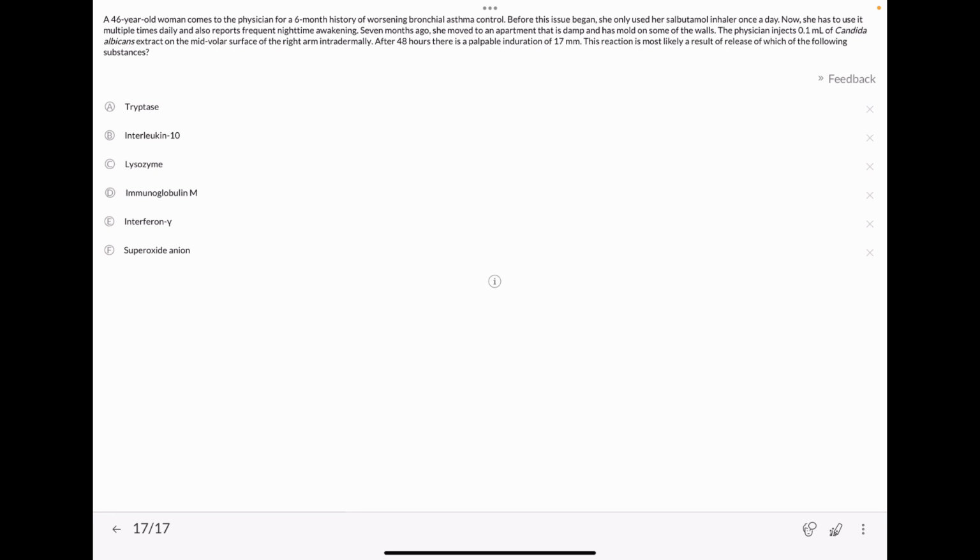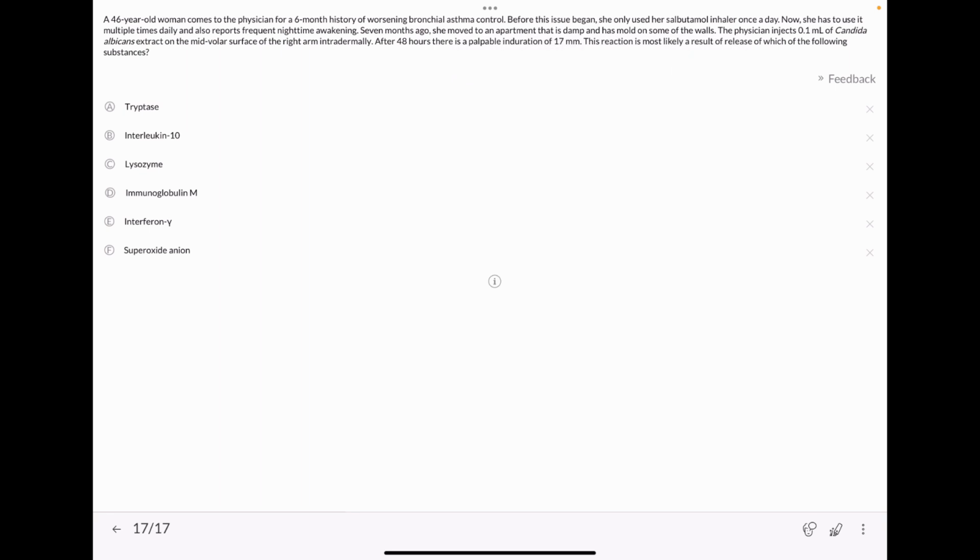A 46-year-old woman comes to the physician for a 6-month history of worsening bronchial asthma control. Before this issue began, she only used her salbutamol inhaler once a day. Now she has to use it multiple times daily and reports frequent nighttime awakening. That's real worsening of her symptoms. 7 months ago, she moved to an apartment that is damp, has mold on some of the walls. That's probably the reason why she's getting all these exacerbations.